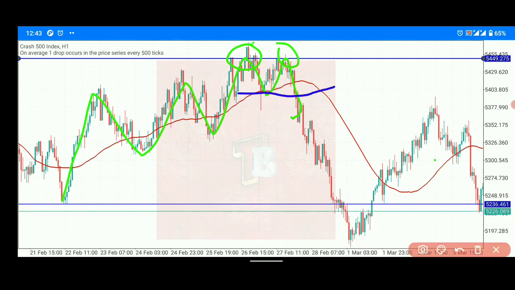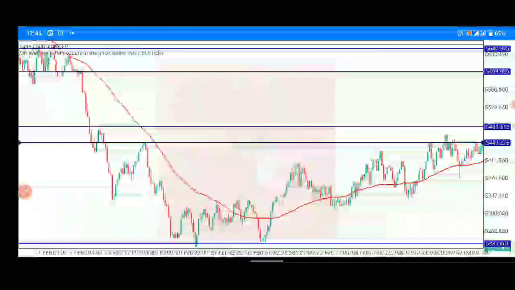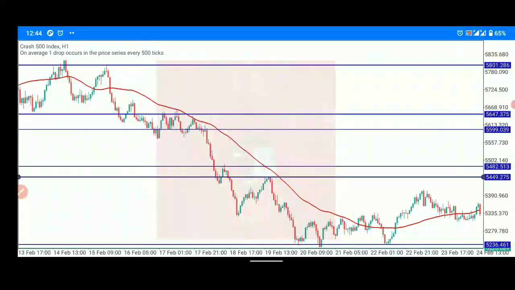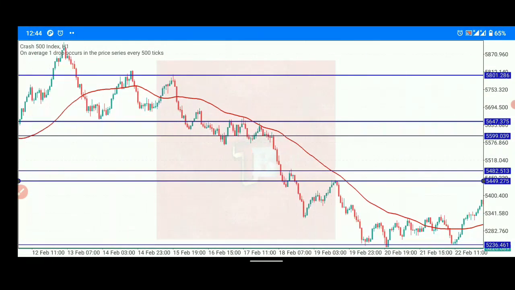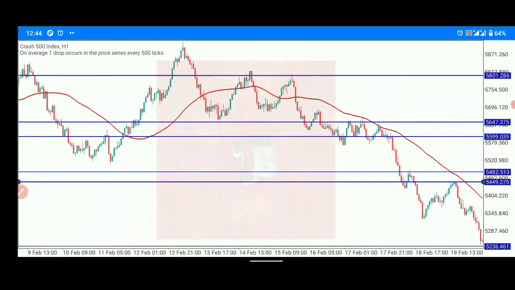All right, so let's look out for other points where we can find the double top pattern. We have another one here. Watch this.